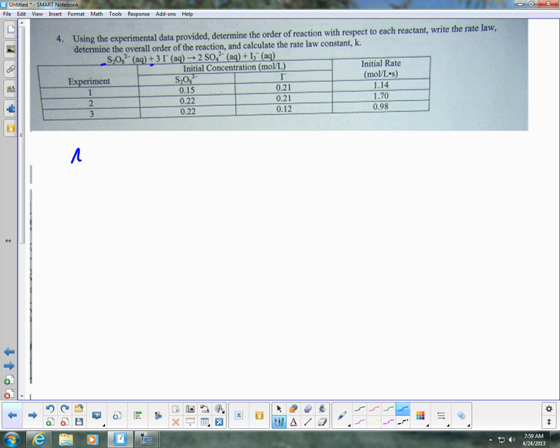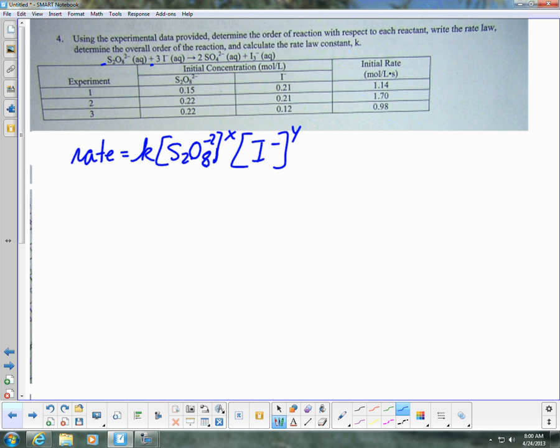So our general equation is rate is equal to K times the concentration of SO3 2- to the x and I- to the y.